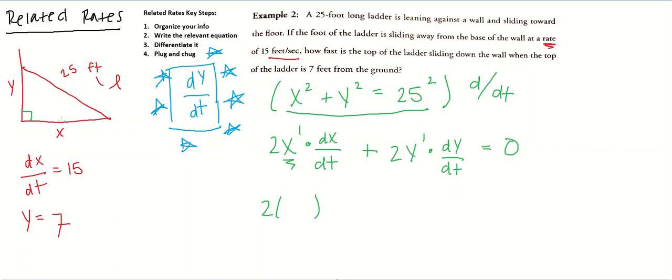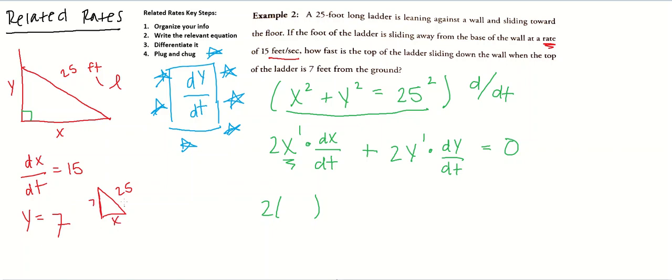Okay, so how are we going to figure that out? Well, we know that the length of the ladder is always 25, that never changes. And we know that at the moment we're solving this problem for, y is 7. So if I'm going to redraw that triangle, the hypotenuse of this triangle is always 25. At the moment in question, y is 7. So can I figure out x?